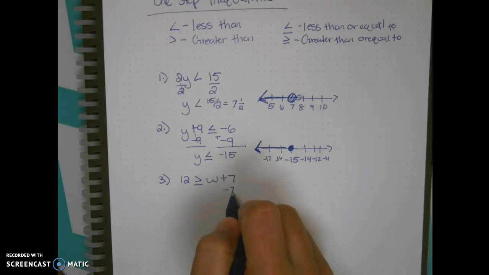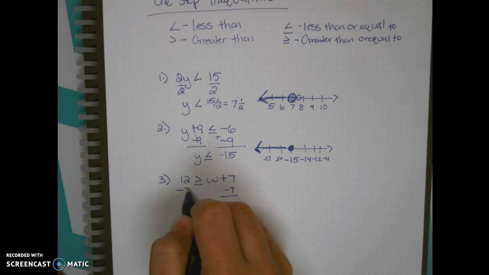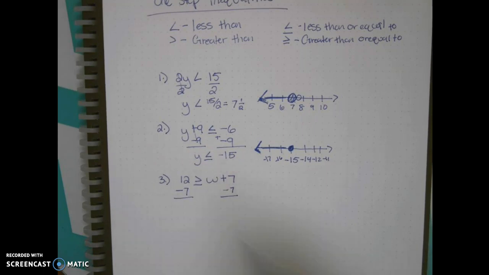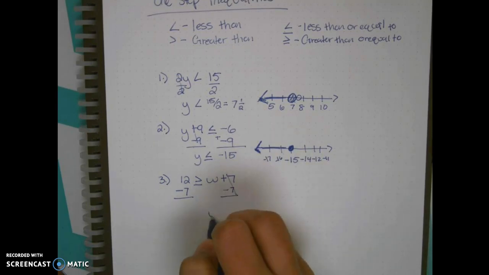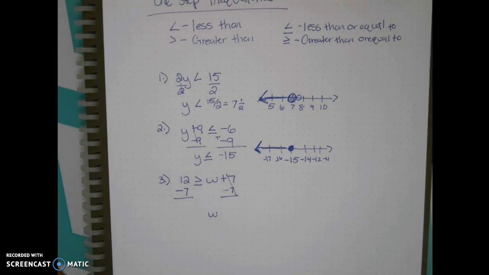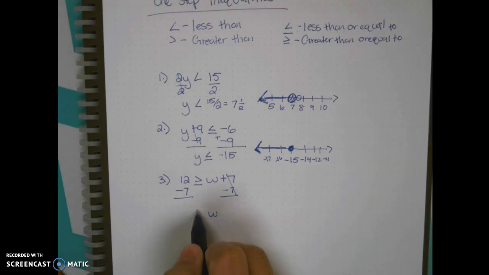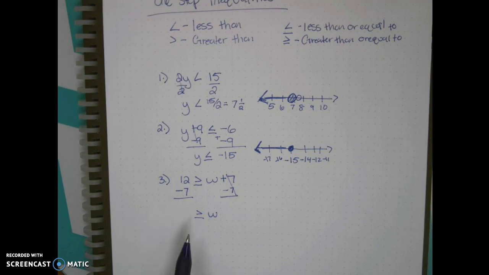So I'm going to subtract 7 from both sides to keep it consistently even. What I do to one side, I have to do to the other. So these 7s cancel, I am left with on the right W. I need to bring down my greater than or equal to sign. And 12 minus 7 is what? 5.